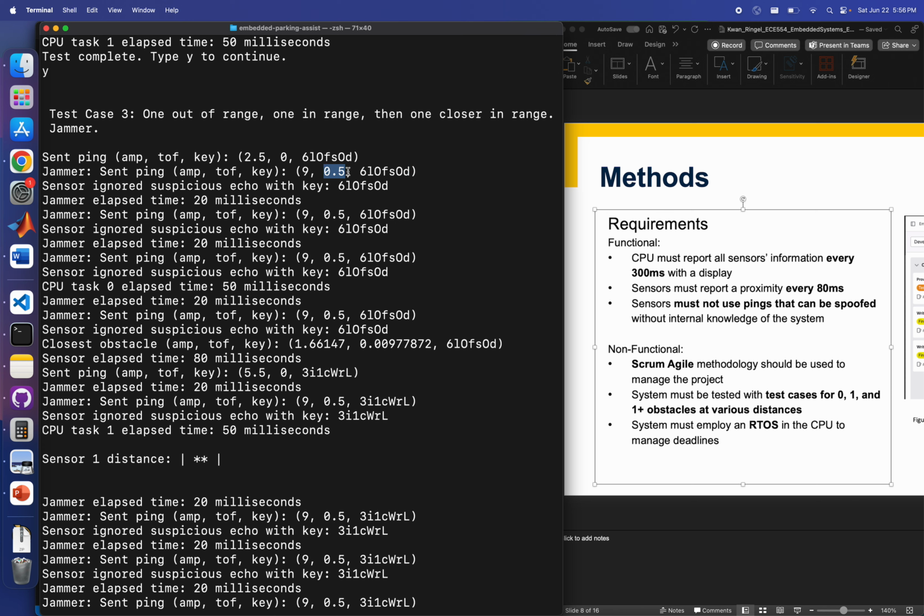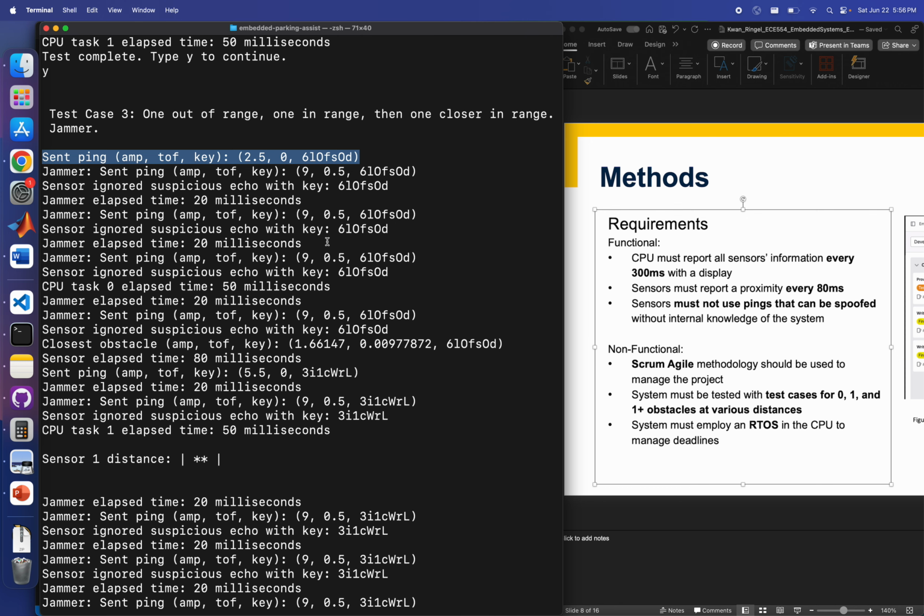And this is what prior researchers have found is a very effective jamming technique that they weren't able to achieve a countermeasure for one sensor. And so something they didn't account for is what if the sent pings are changed. So here you'll see that the pings that the sensor sends out varies.